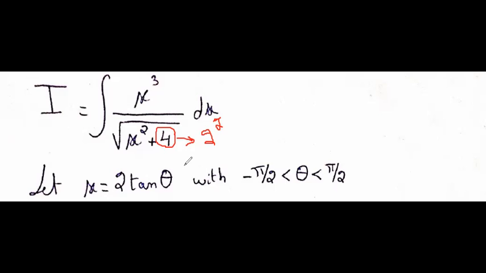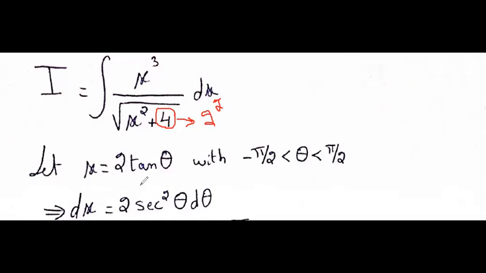But I'm not going to go into details about this choice because it's not the goal of this video. So x is 2 tangent theta, which means dx over d theta would be 2 secant squared theta, which means dx is 2 secant squared theta d theta.